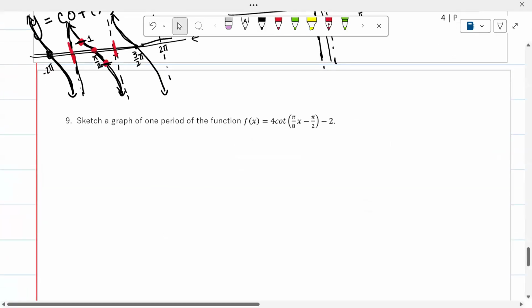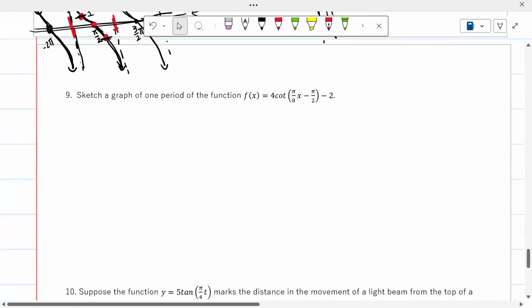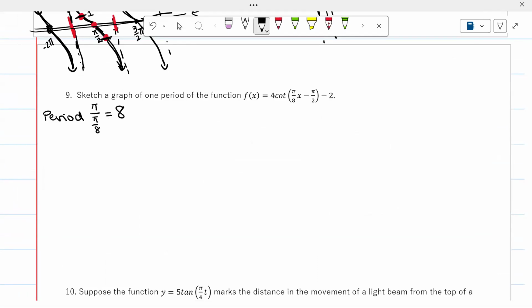All right, let's go again. More's going on in this one. Period: pi divided by pi over 8 will give me a period of 8 units. So this is a horizontal stretch. Now the phase shift is C over B. So for us, that's a positive pi over 2 divided by pi over 8, which is half of 8, which is 4 units to the right.